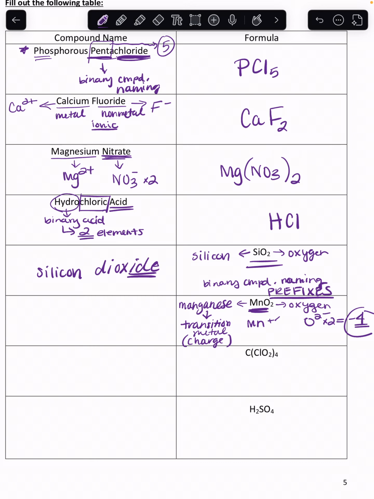I'm betting it's a +4, because that would make it neutral. So when I come over here to write the compound name, I can say manganese (IV). That's Roman numeral for 4. And then oxide. Don't forget to change that suffix for your anion. Manganese(IV) oxide. Cool. Moving on.